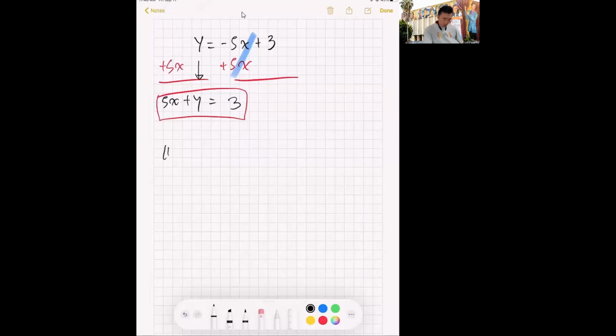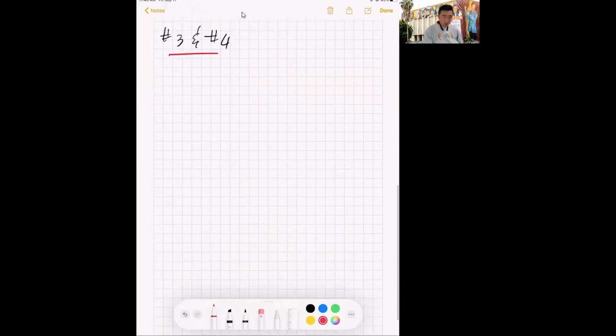Number 3 and 4 of your homework, they're going to give it to you in point slope form, and you have to change it into standard form.